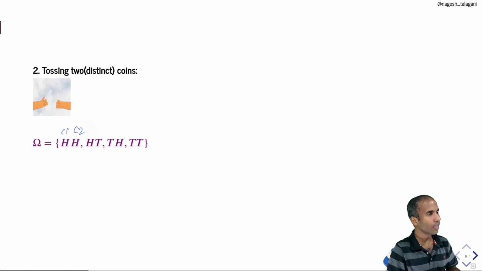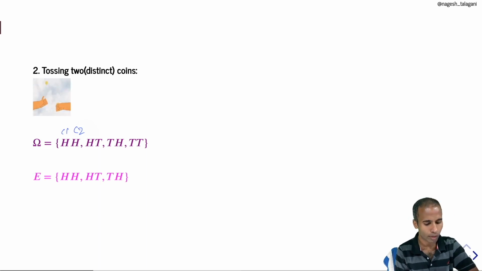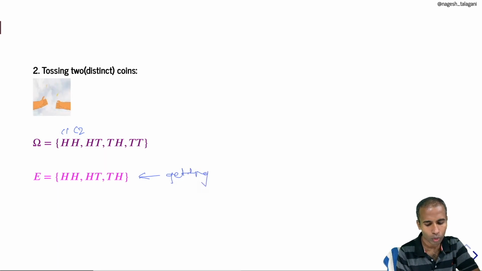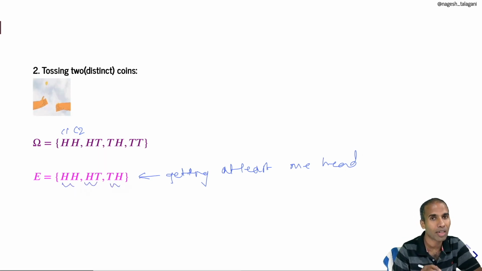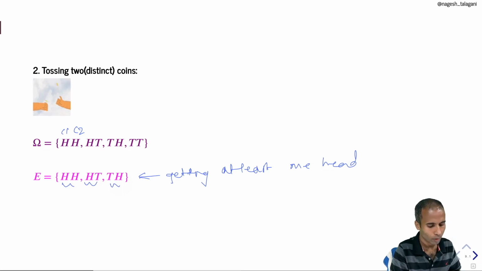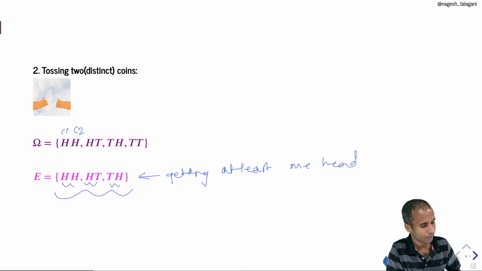Then one typical event of interest could be getting at least one head. That can be described as a subset of the sample space like this: HH, HT, TH. These three outcomes consist of at least one head, so this subset represents our event of interest.